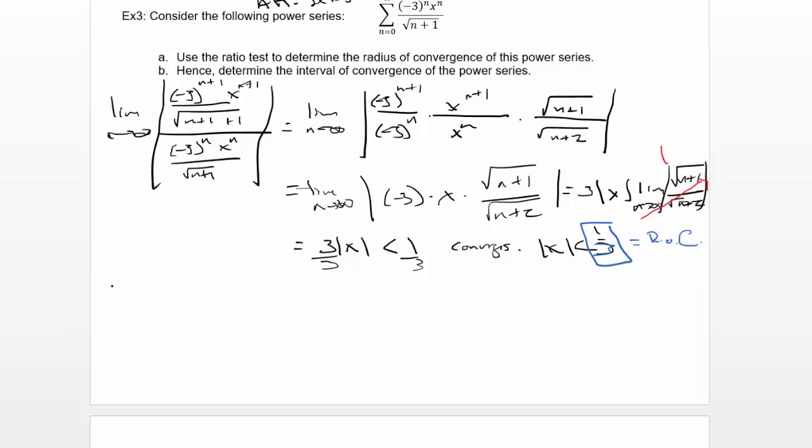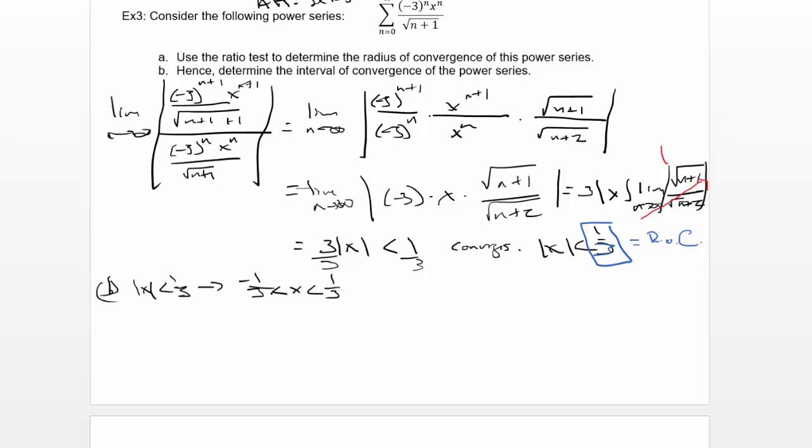This tells me that the interval of convergence is at least the solution to this: the absolute value of x is less than 1/3. That tells me that negative 1/3 is less than x, which is less than positive 1/3. Just as before, this is when the function is guaranteed to converge.